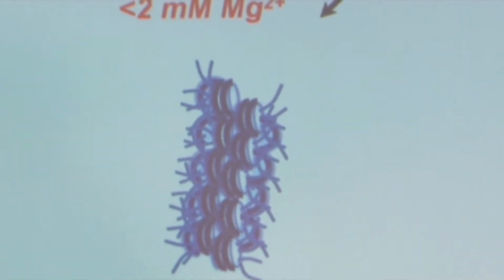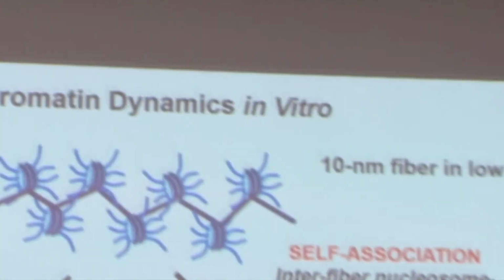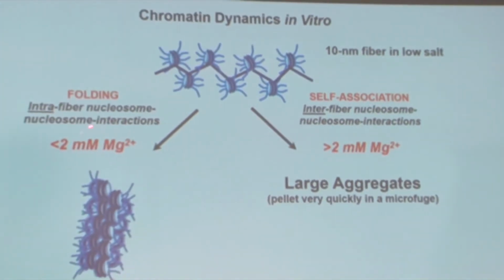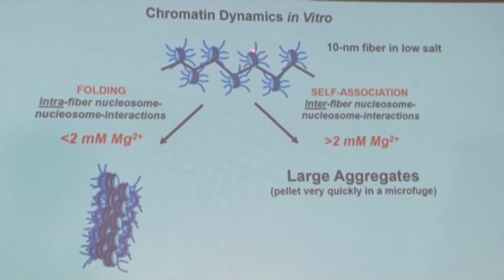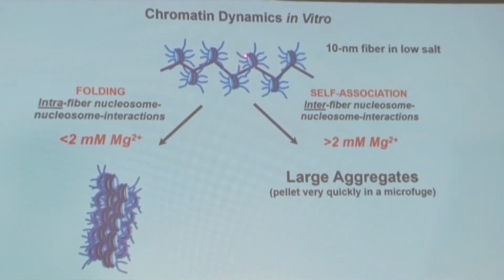But something else happens if you go to slightly higher magnesium concentration. The 30 nanometer folding happens in 1 to 2 millimolar magnesium. If you go to 2 millimolar or greater, then these chromatin fibers self-associate, through interfiber nucleosome-nucleosome interactions, and they form large aggregates that pellet very quickly in the microfuge.